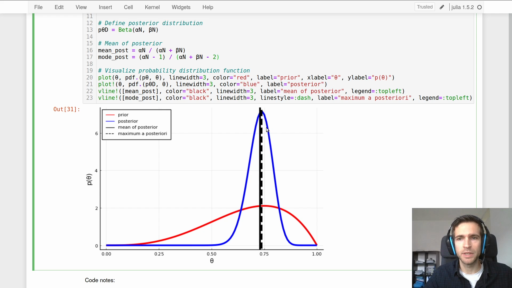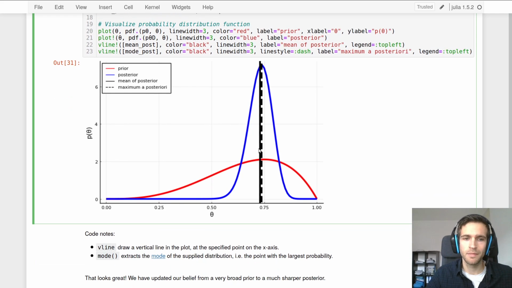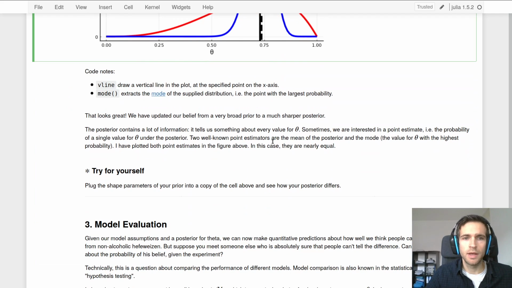The Gaussian is symmetric around its mean, and therefore that's also its mode. And here then they're not the same. So be careful, don't mistake the mean for the MAP estimate. Right, so the posterior contains a lot of information, and we've updated it from a very broad prior to a much sharper posterior.